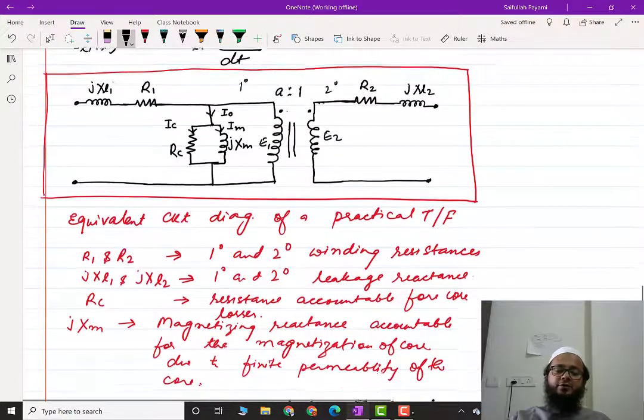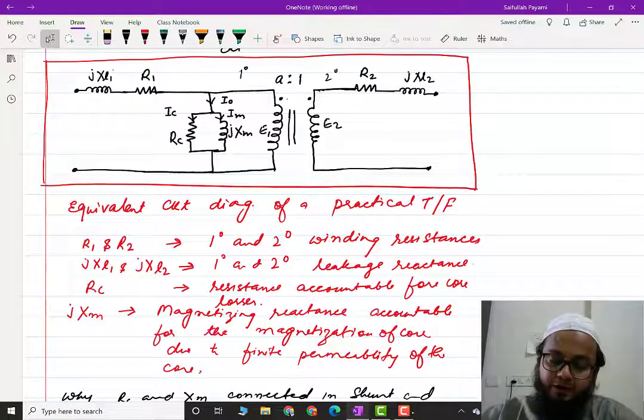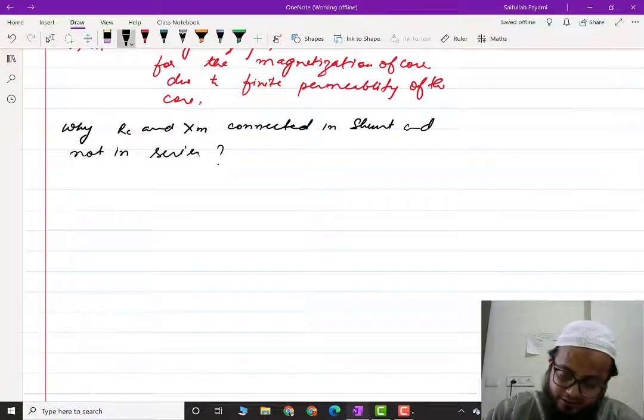Think of it. If we connect these shunt branch parameters in series, the circuit would look like this.